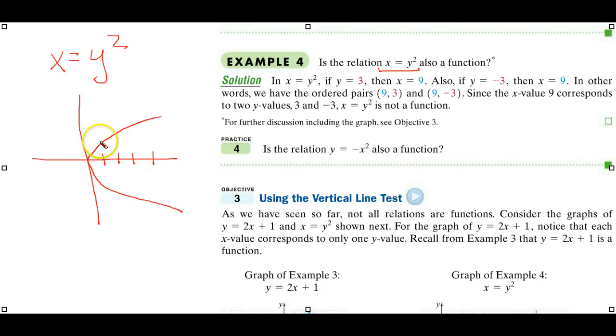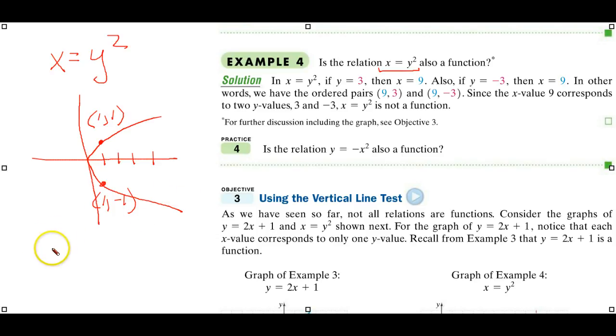Now, this is a 1 here. Well, up here, this would be 1, comma 1, let's say. And over here, this would be 1, comma -1. So are the 1s used more than once? And the answer is yes. So this is not a function.